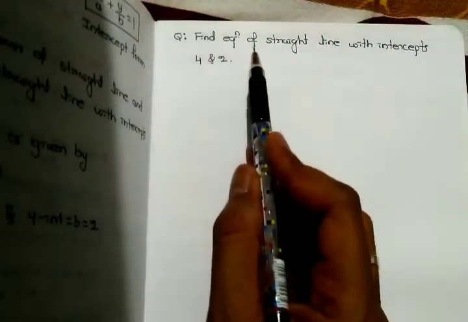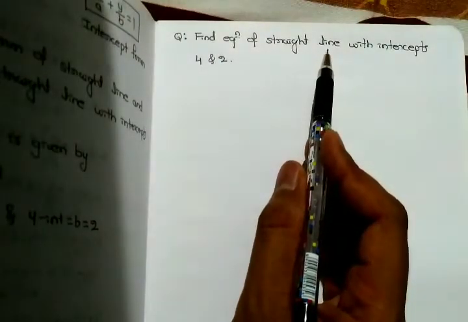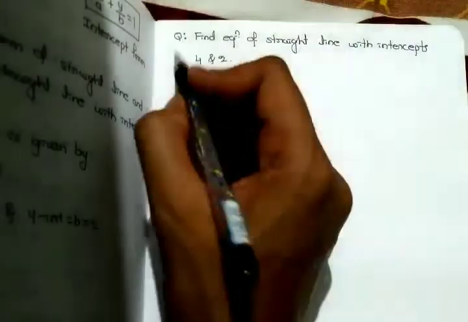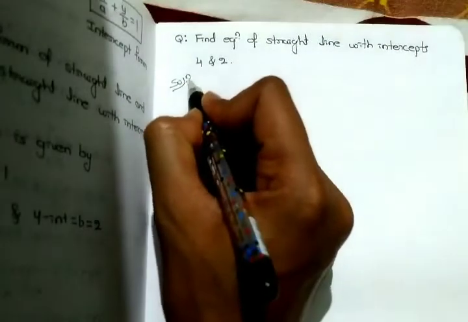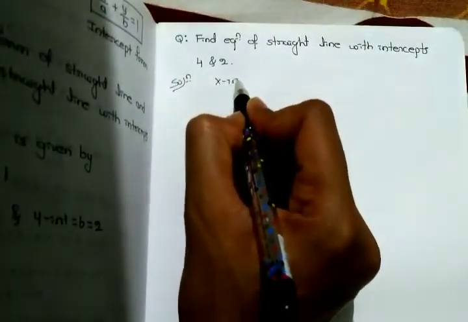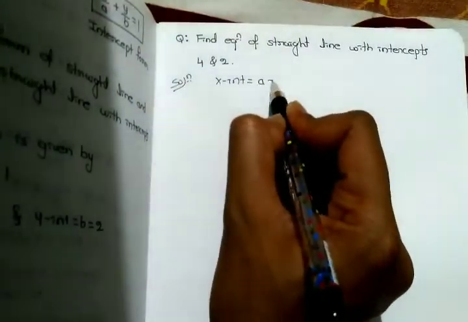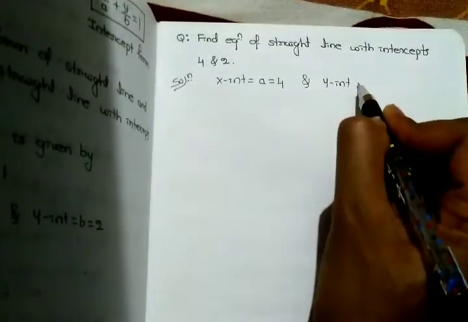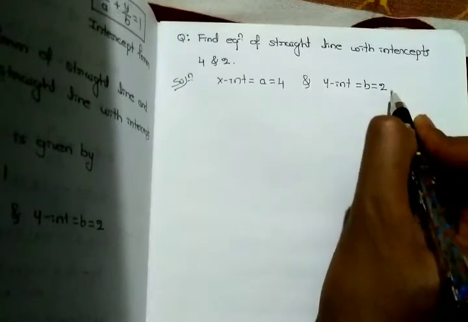Next, find equation of straight line with intercept 4 and 2. So solution same. Again x intercept value is given, that is a is equals to 4, and y intercept, that is b value is given how much? 2.